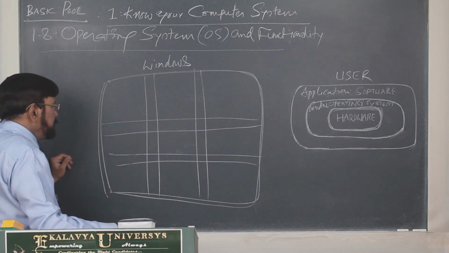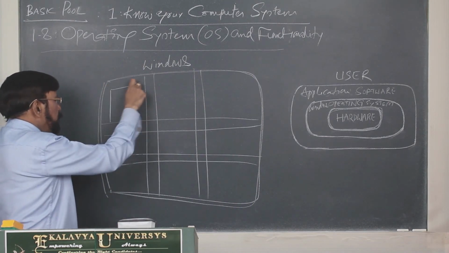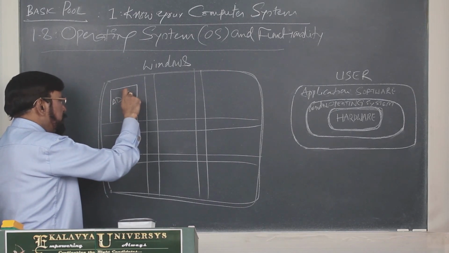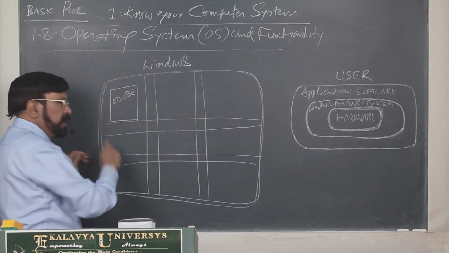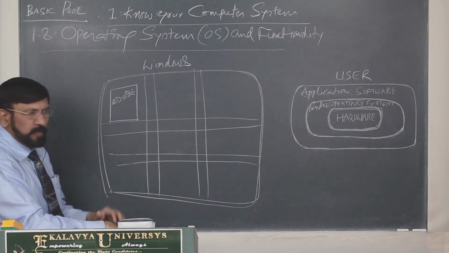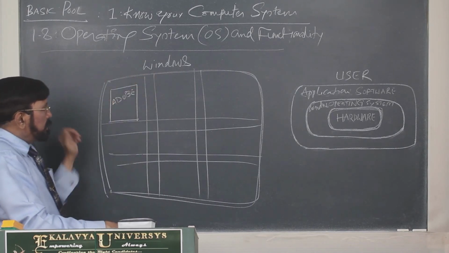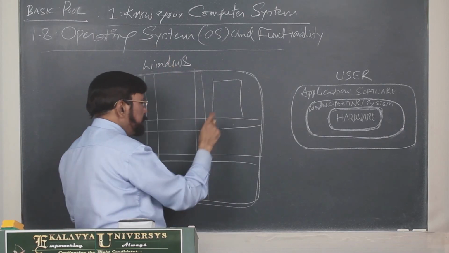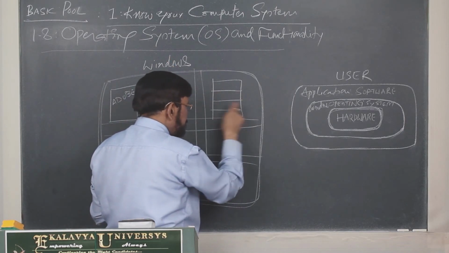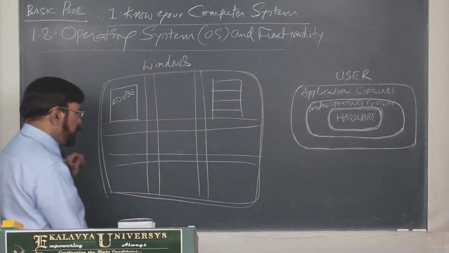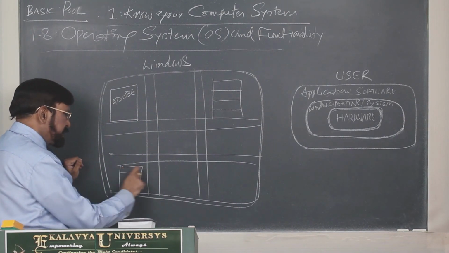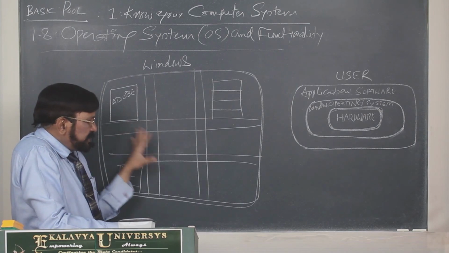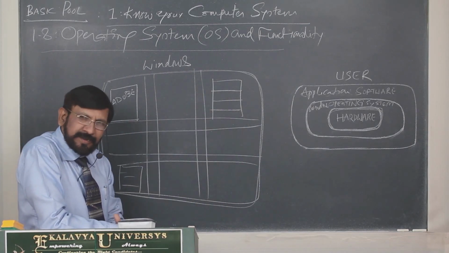So in this layout, suppose Adobe, one company, constructed their own building, and Microsoft, actually the developer of Windows, constructed their building. Corel, another company, constructed their building. In that way, whoever are interested, they constructed their buildings here.